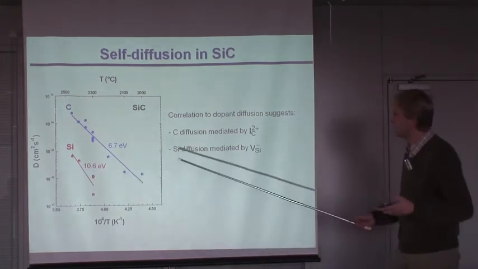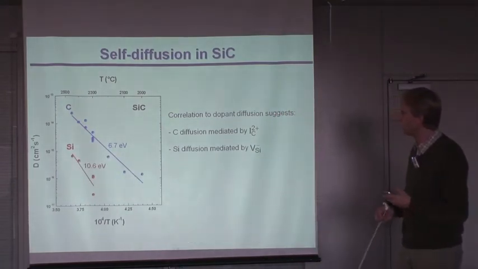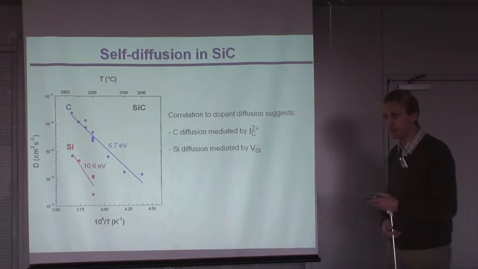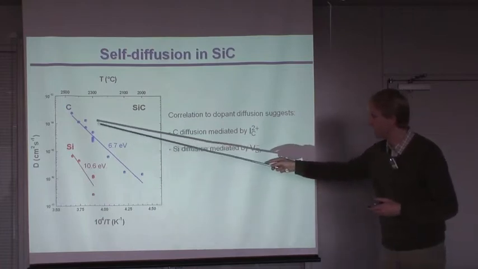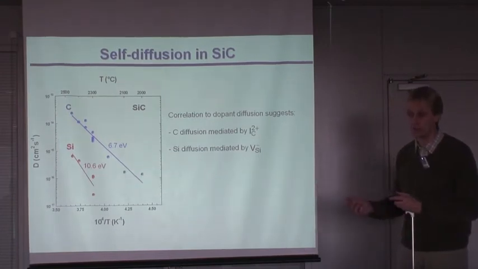Now one can do, of course, this just gives you activation enthalpies, and now in order to determine what kind of defects are behind, what kind of defects mediate the diffusion in the case of carbon in silicon carbide and silicon in silicon carbide, you have to do additional experiments.